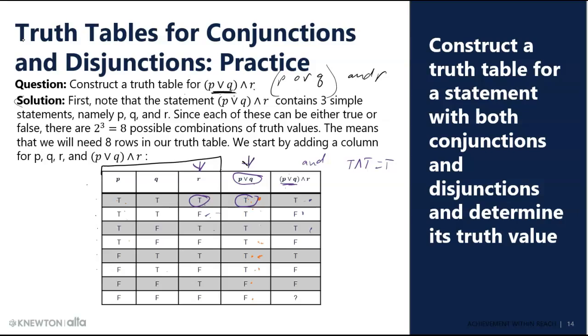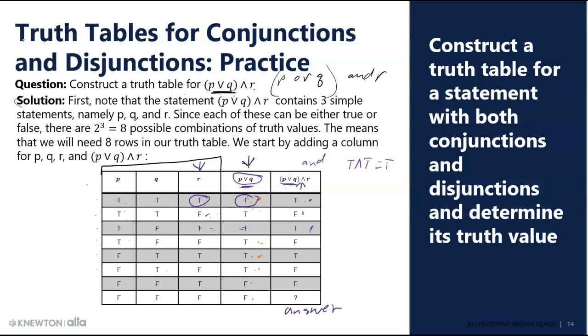In the 3rd row, so this column here is my answer column. In the 3rd row, I see I have a true for both of the things I'm joining together with this AND. So notice I figured this P or Q out first. I don't do this all at once.